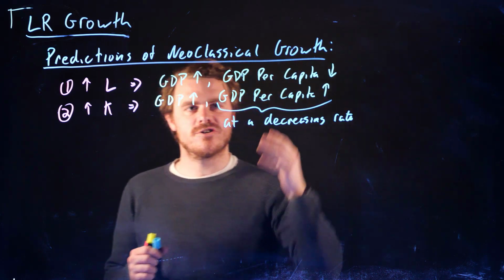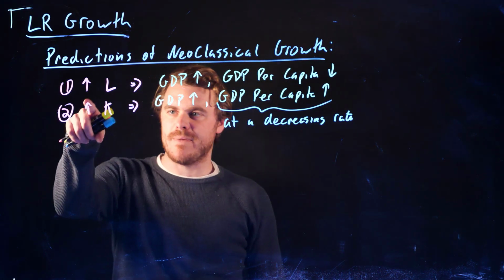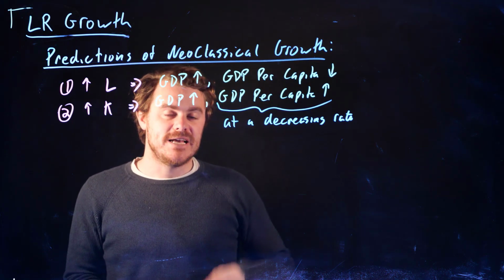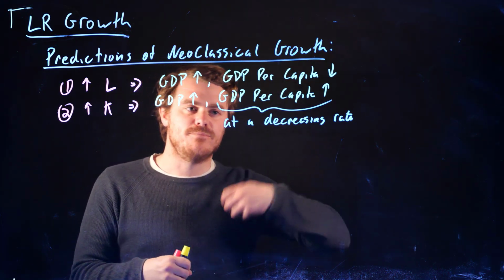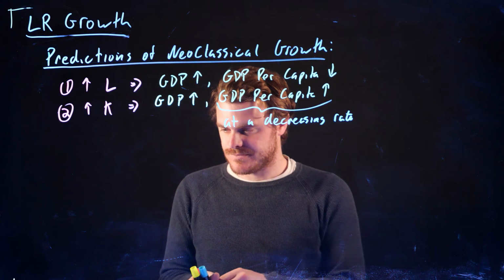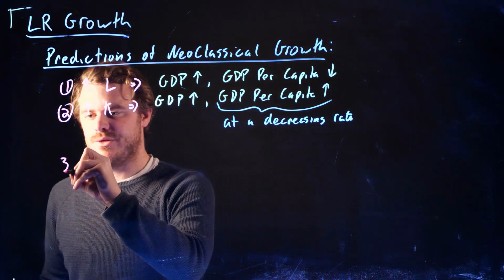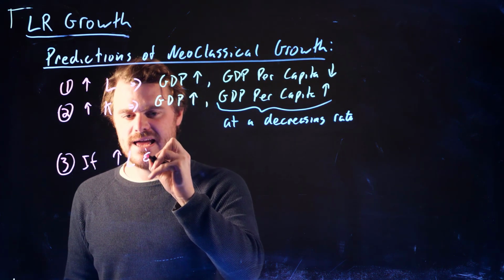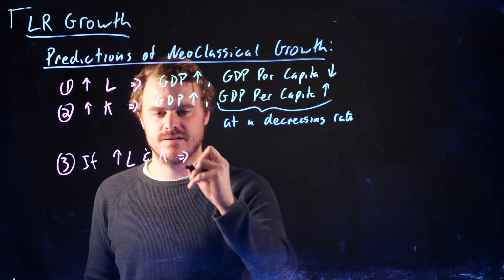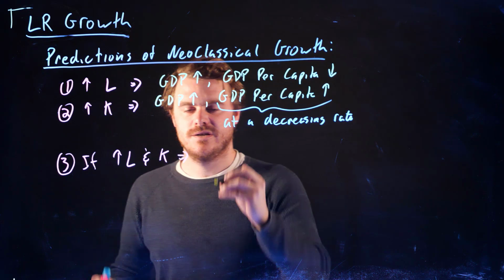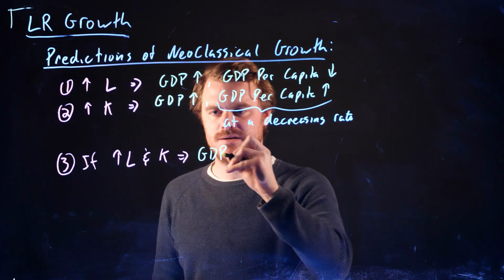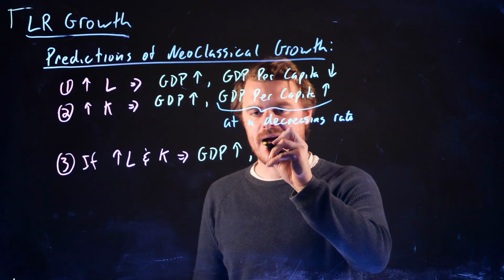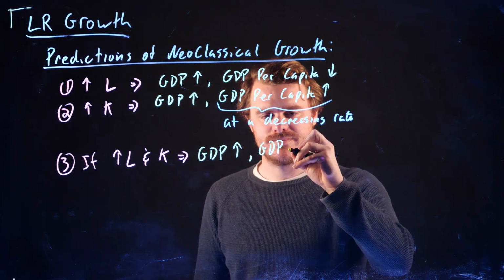The increase in GDP per capita you get from increasing your capital stock is going to start to go down as you add more and more capital. The third prediction: if you increase L and K, GDP is going to go up, but GDP per capita stays constant.